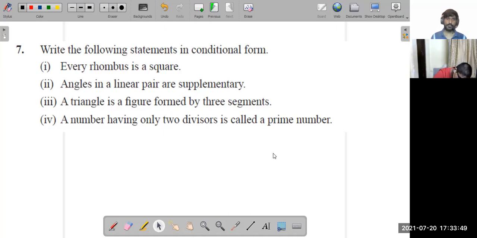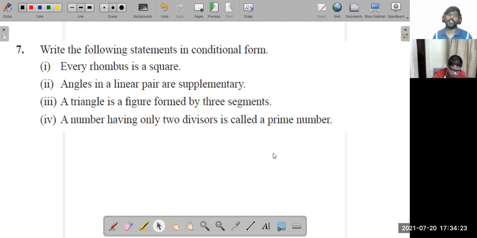So write it down. Done. Did you write it?